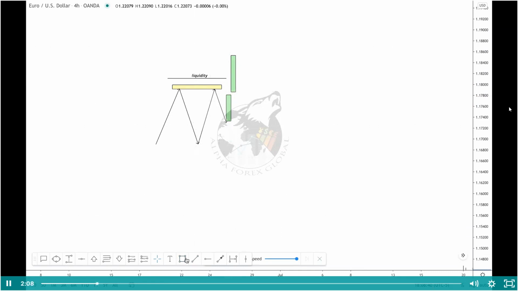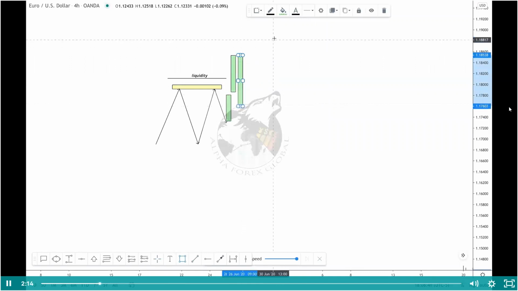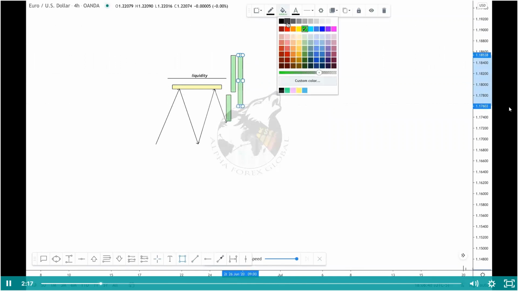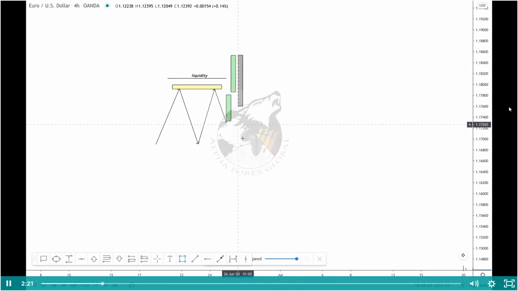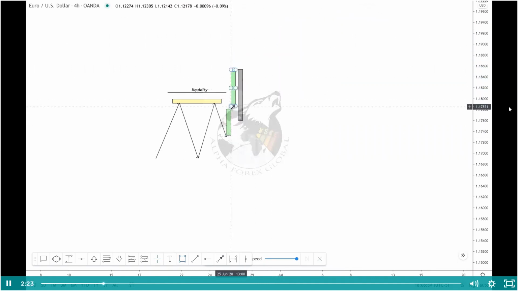And then what happened? The market turned the opposite direction. So in this case, this candle right here would be classified as a sponsor candle, because this was the candle that induced buyers and takes out liquidity.